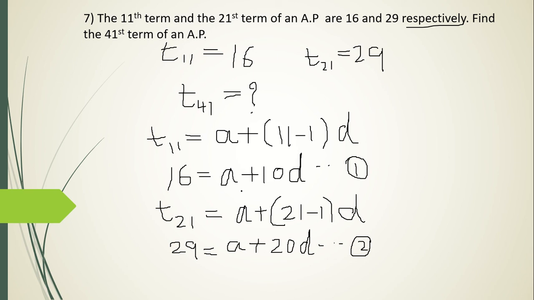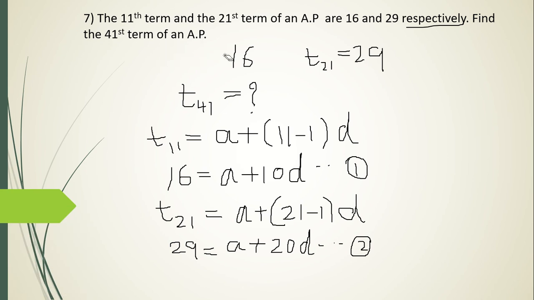That is very, very important. So with the elimination method, A will get cut, we will get the value of D first, then that value of D we will put in any of the equations, then we will get the value of A. A and D were not given, we will get them and then it will be easy to find the 41st term.